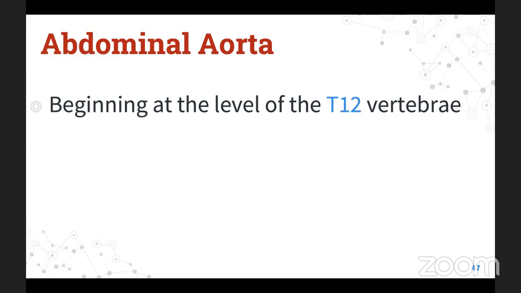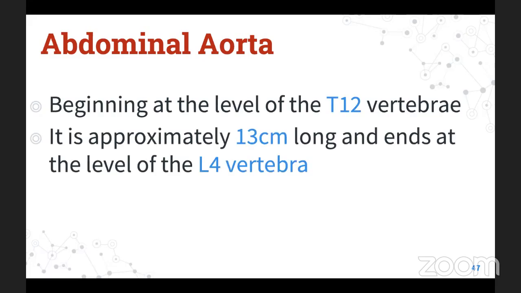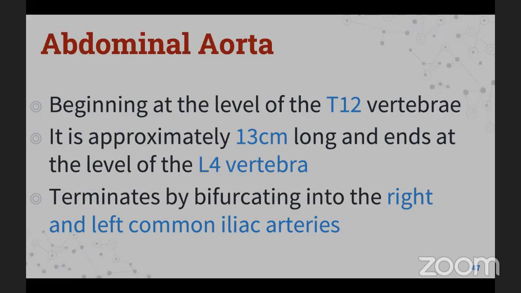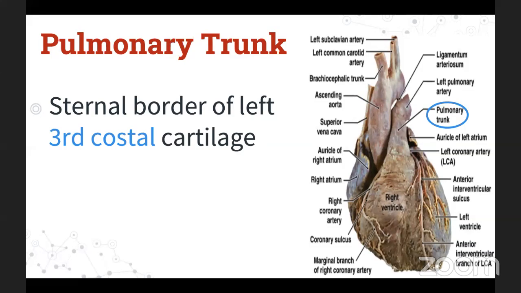Abdominal aorta begins at the level of T12, is approximately 13 centimeters long, and ends at the L4 vertebra by giving two terminal branches, the right and left common iliac arteries. In regard to the pulmonary trunk, it begins at the sternal border of the left third costal cartilage.